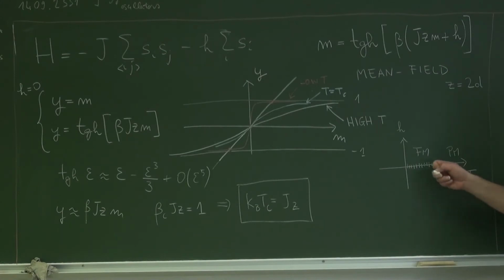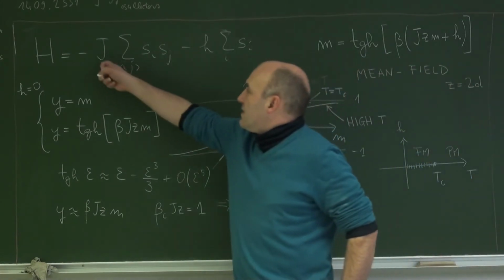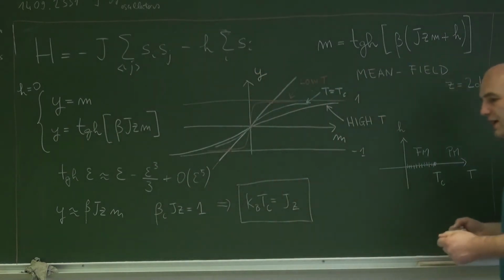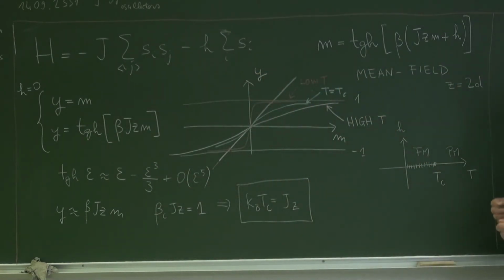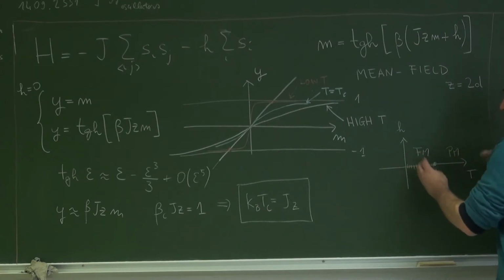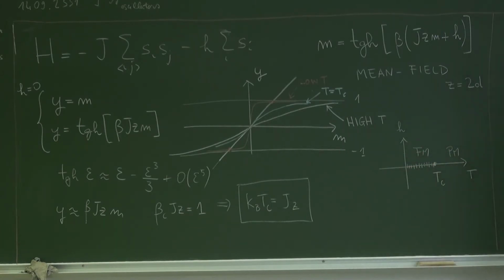If you increase the coupling term of your Ising Hamiltonian, so the strength of the coupling between spins, then you're pushing your ferromagnetic phase to higher and higher critical temperature. It means that there is a stronger ferromagnetism in our system as soon as J increases.